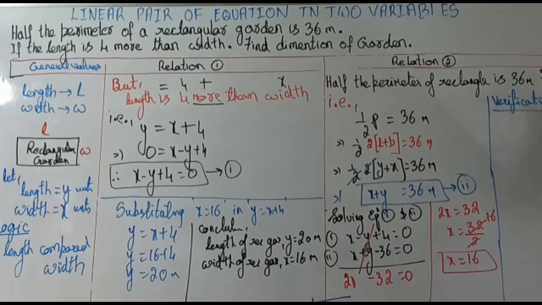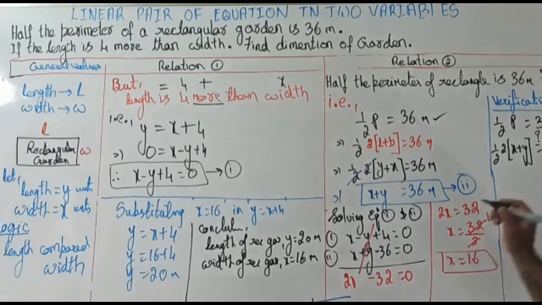What is the main point that he has given? Half the perimeter is 36. Let's take this one. Half the perimeter equals 36, that is half of 2 into x plus y. We need to get 36. So let us check it out. We are not sure whether it is right or wrong. Let's substitute there.